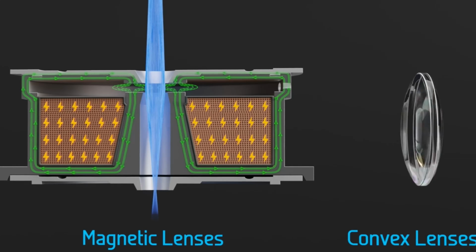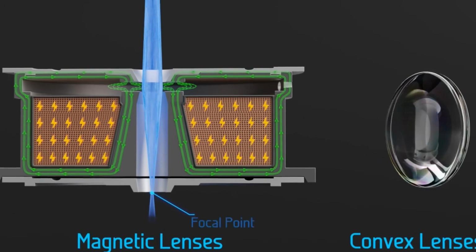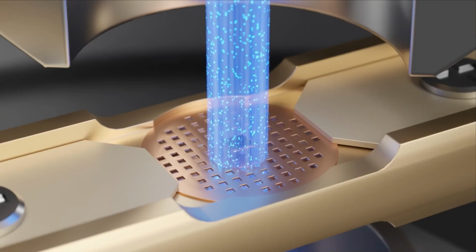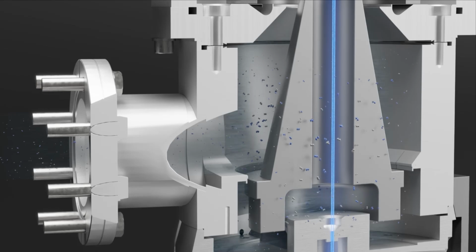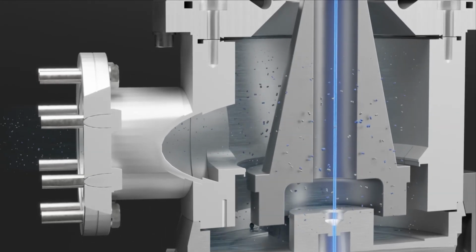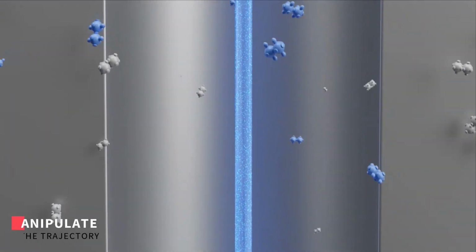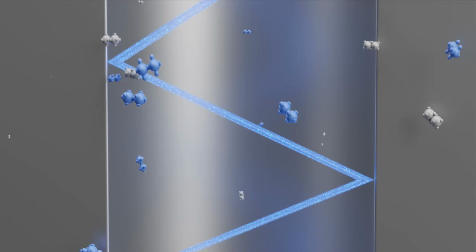These lenses, much like the glass lenses in an optical microscope, are designed to focus and control the path of the electron beam, ensuring that it strikes the specimen with pinpoint precision. But the engineering behind these lenses is truly remarkable, utilizing intricate electromagnetic fields to manipulate the trajectory of the electrons with incredible accuracy.